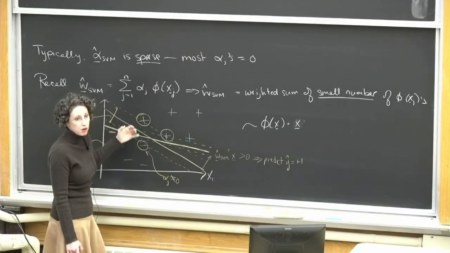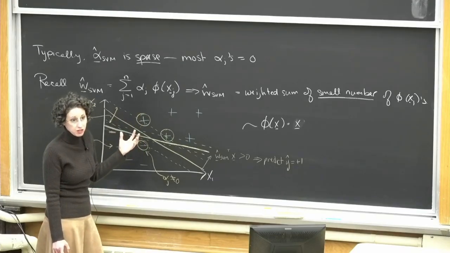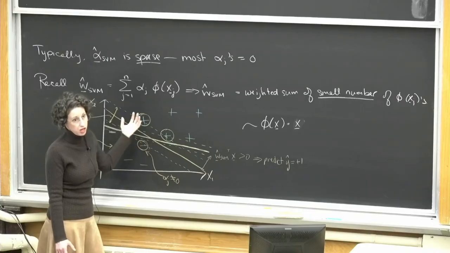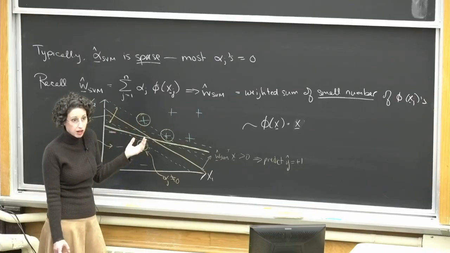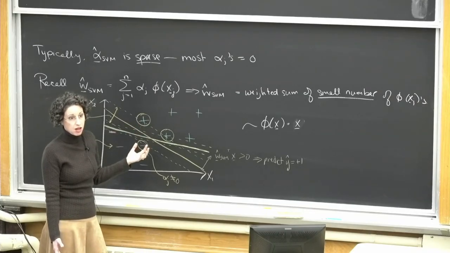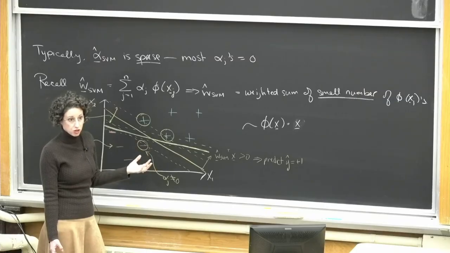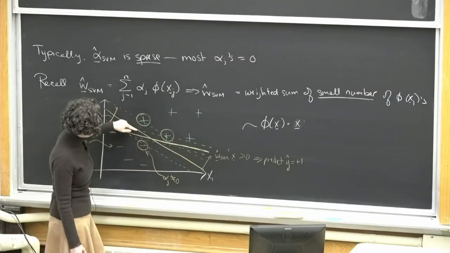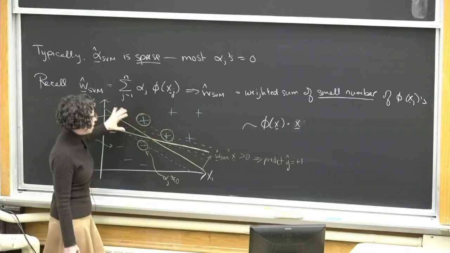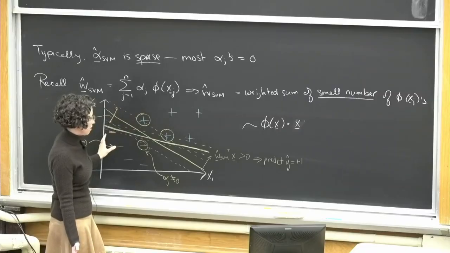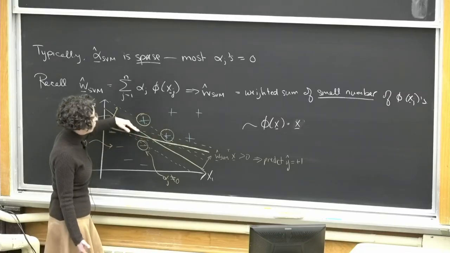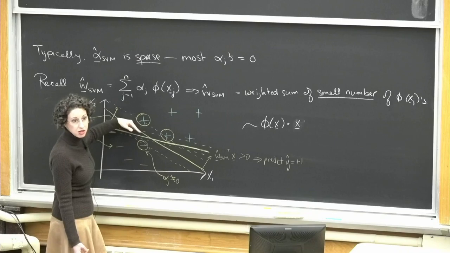You don't want it to be where just a little bit of graininess in your photograph suddenly changes your prediction of whether someone's smiling or not. You want your predictions to be robust to small perturbations. So by making sure that your decision boundary not only correctly classifies as many samples as possible, but also is as far as possible from any of the training samples, you're providing yourself with that robustness to small perturbations.